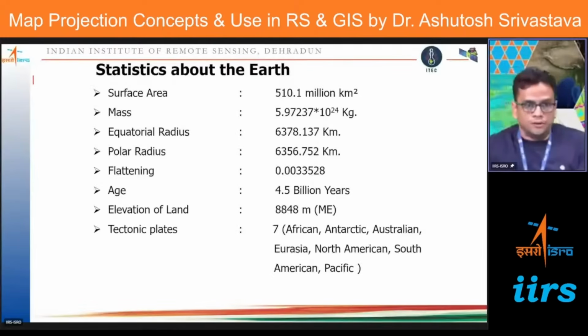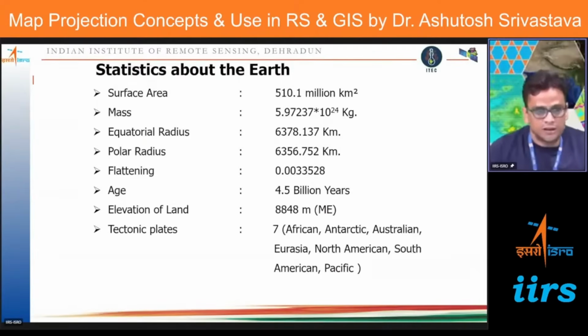Now, we will start with our slides. The basic stats about Earth: the surface area is roughly 510.1 million square kilometers. Mass is around 5.9 into 10 to the power 24 kg. Its equatorial radius is 6378.137 kilometers, and the polar radius is 6356.752 kilometers.